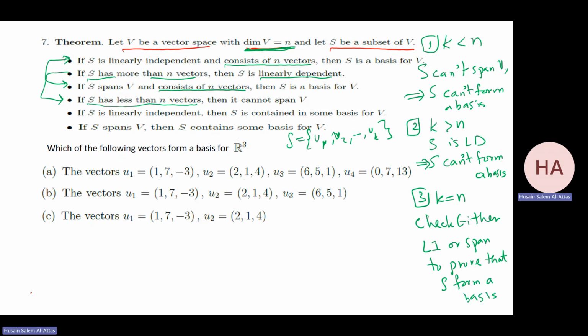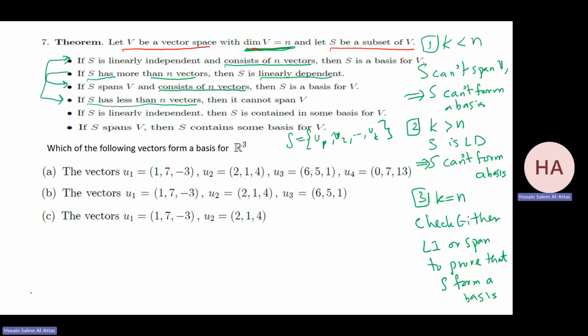So if the dimension is N and the number of vectors is less than N or greater than N, for sure this set cannot form a basis. If it is equal to N, I need to check, especially checking linear independence.